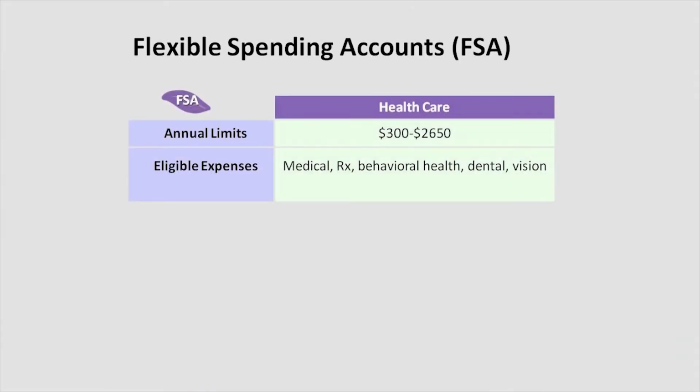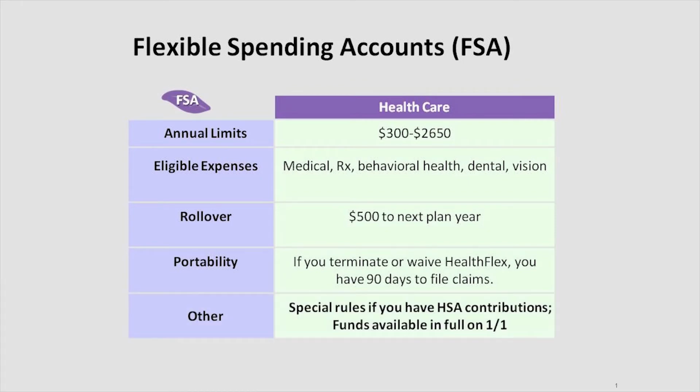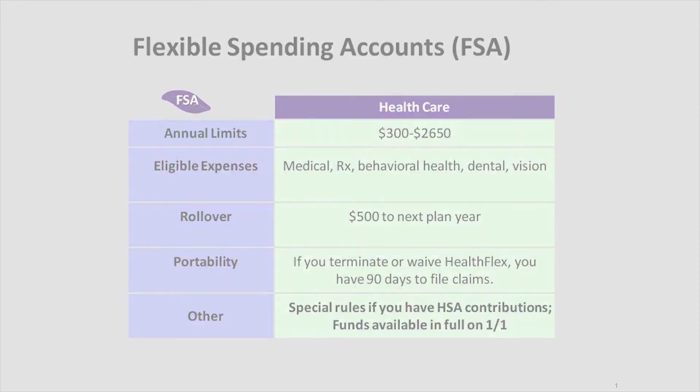There is also an additional account option with all plans, a flexible spending account, where you can elect to contribute additional pre-tax dollars to pay for eligible medical expenses during the year. The Health Flexible Spending Account behaves differently with HSA plans than other plans. So ask your plan sponsor for more details if you are thinking about a flexible spending account with an HSA plan.